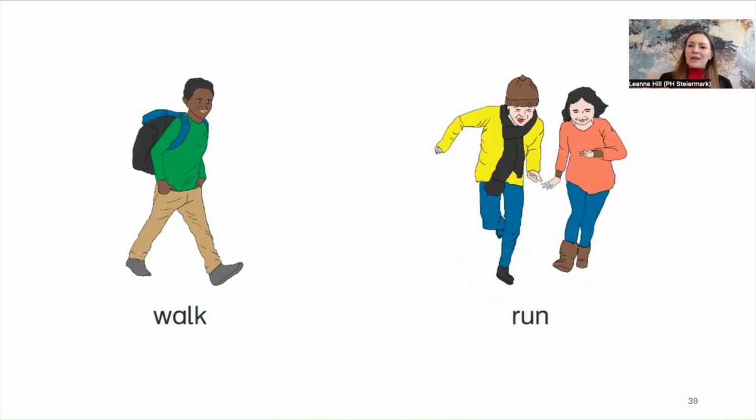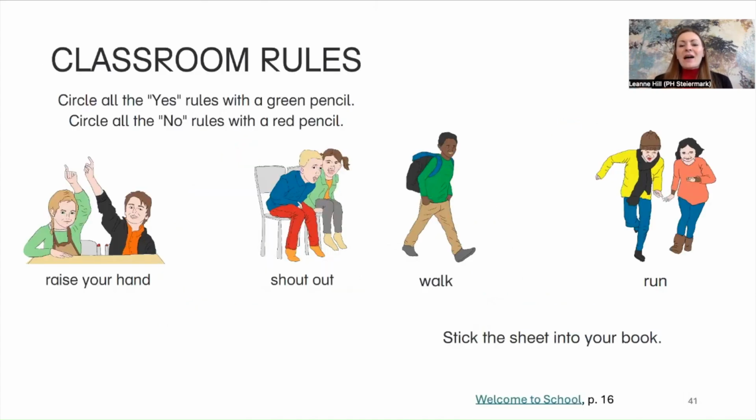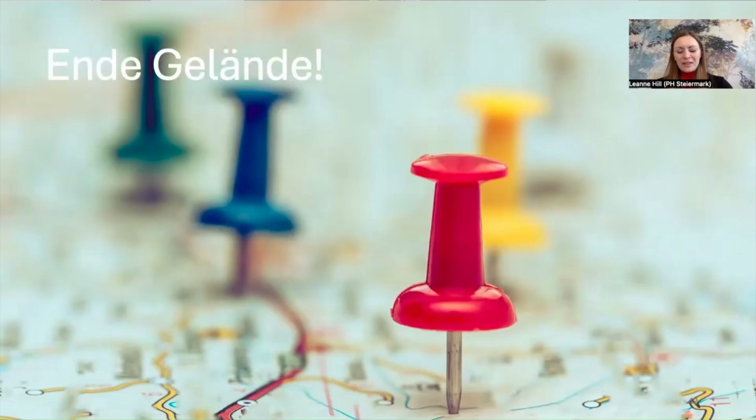So the difference between walking and running, raising our hand or shouting out. And then on page 16 in the Welcome to School collection, we can circle the behaviors that we need at school with a green pencil and the no's with red. So also some further ideas with these übergreifende Themen that I hope we can take with us into school.